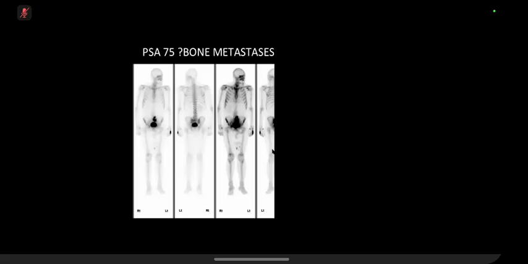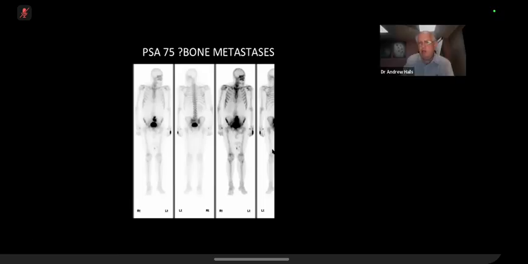It's not widespread, with a raised PSA, and there's not evidence of metastases. Just trying to see if I can see the kidneys. I don't really think you can see the kidneys, but I think this is not the usual reason for not seeing the kidneys.